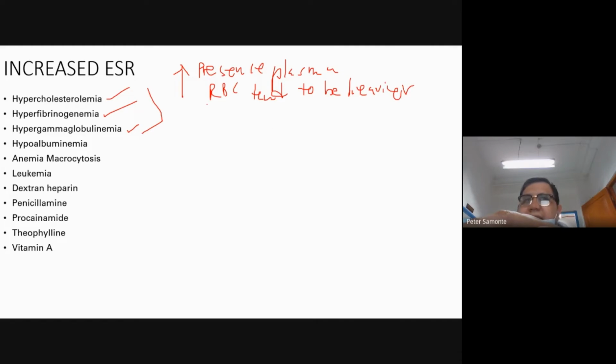Nag-a-attach kasi sila sa RBC, yung cholesterol, yung fibrinogen, yung mga gamma globulins. And when they attach, the RBC becomes heavier. That would lead to your increased ESR, kasi yung RBC nyo, mas mabilis yung settling. Okay?